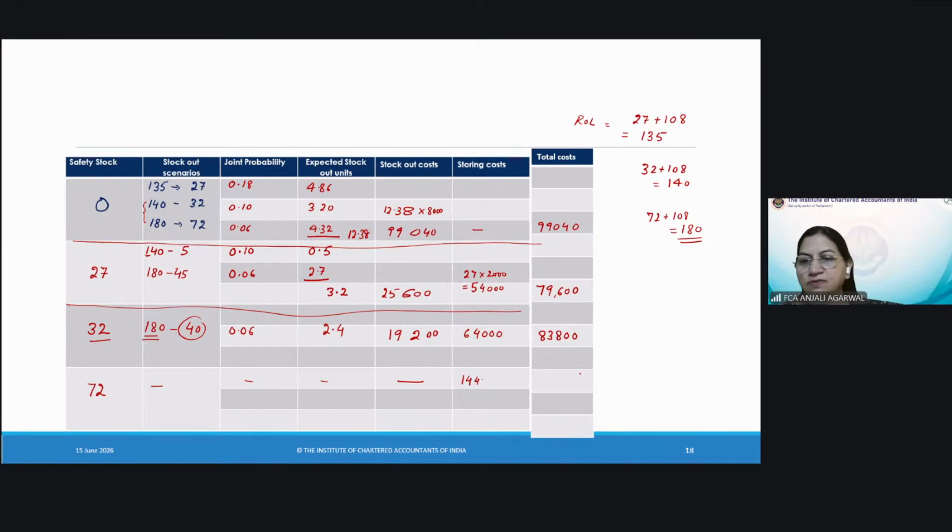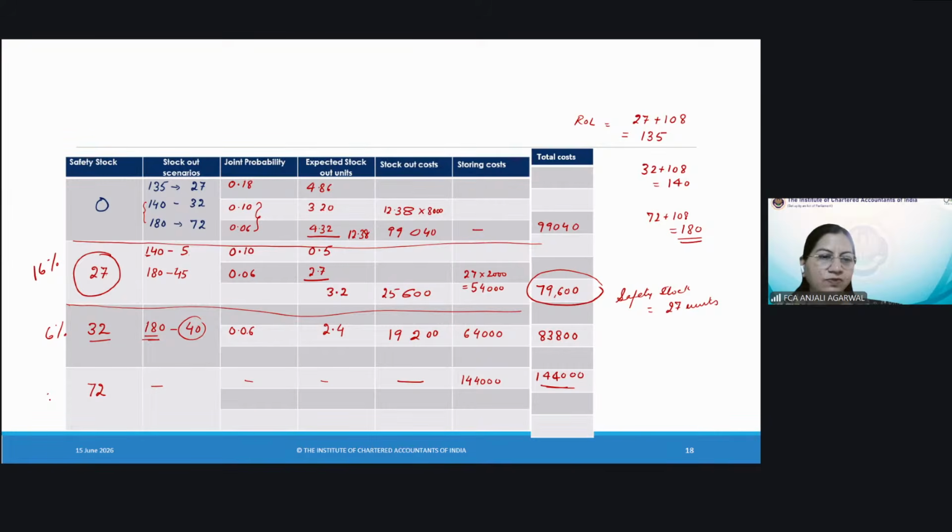So we are taking a 16% risk. Had we taken a safety stock of 32 units, we would have taken only 6% risk, only one situation. And in 72, 0% risk.